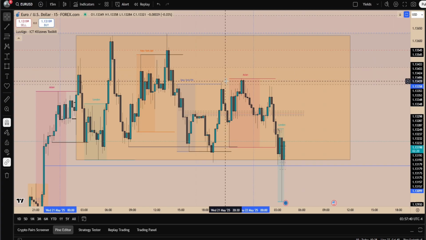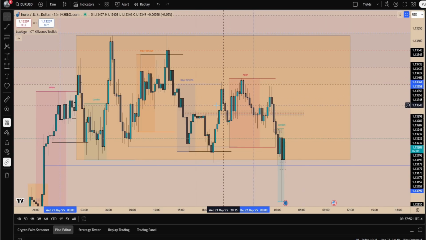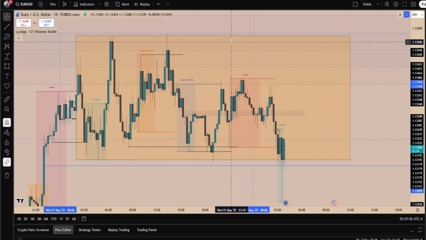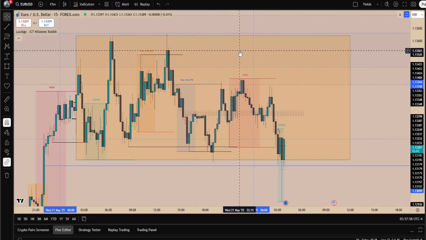This would lead my bias, and I'll begin to construct my narrative based on those signals. I would suspect price to go higher.